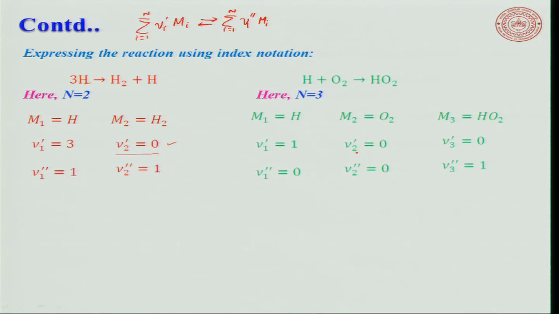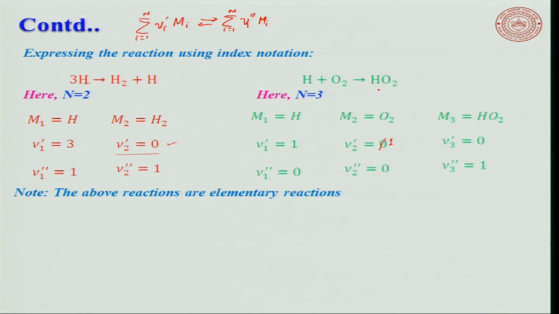Similarly for oxygen, there is a mistake actually, so this will be 1, and V2 dash will be 0, and M3 is HO2 and V3 dash is equal to 0. There is nothing on the left hand side, and the right hand side is equal to 1.